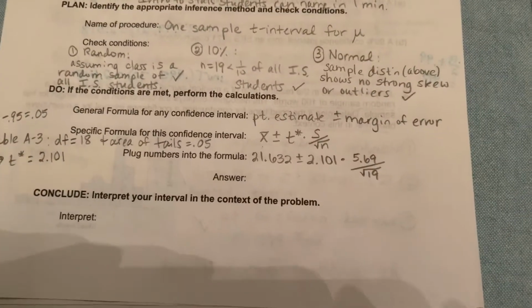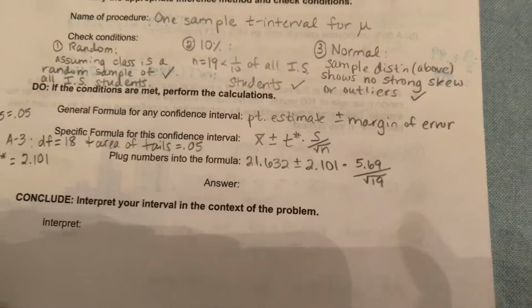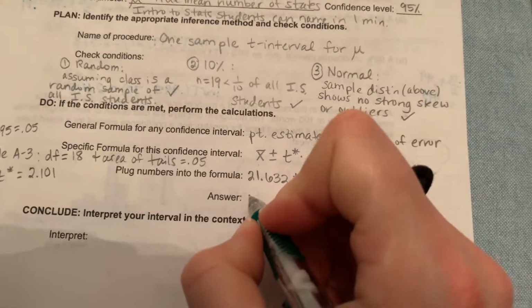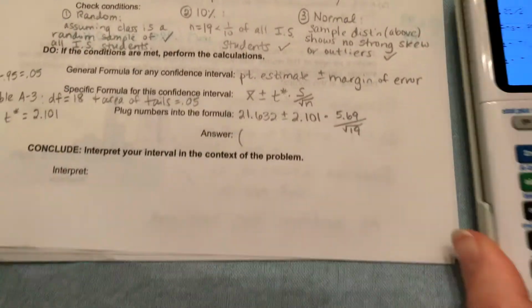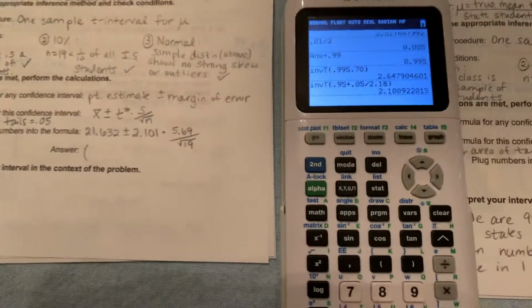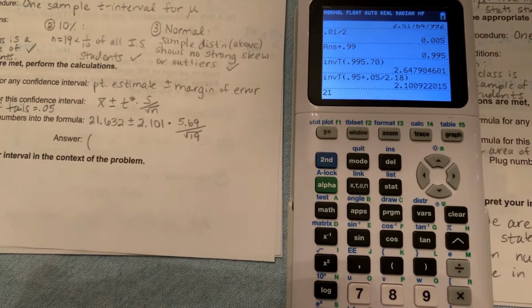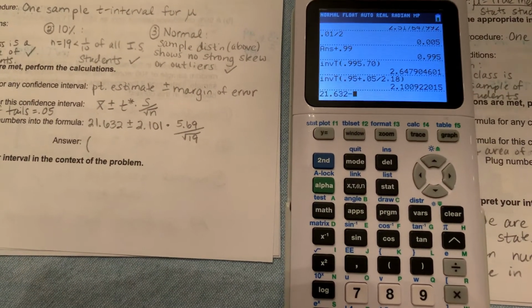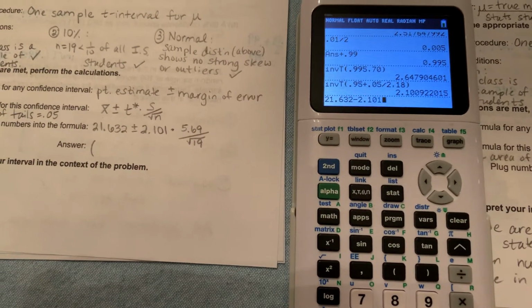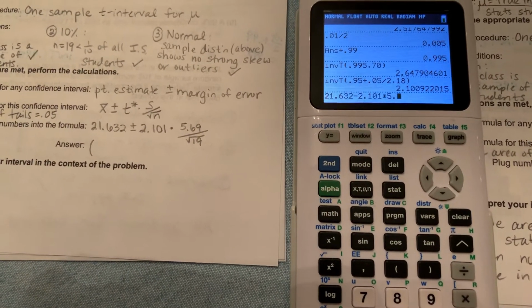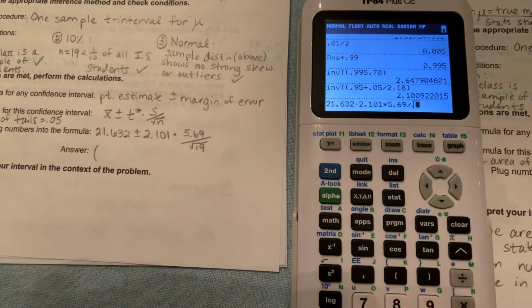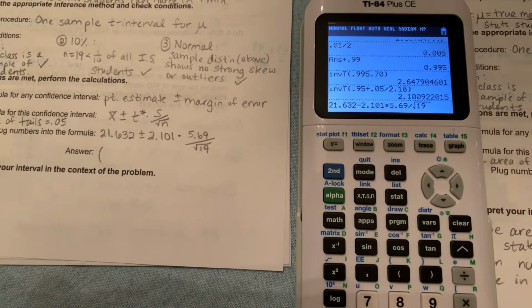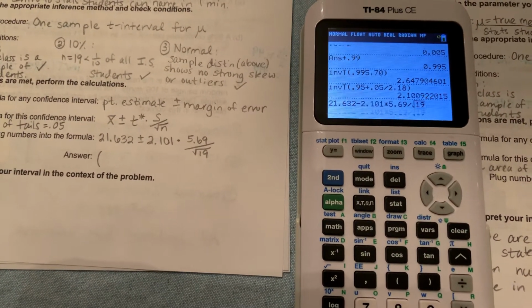Okay, so again, I can type all of that in at once. Of course, doing the subtraction first and then the addition second to get my confidence interval. So let's do that. We're going to type in 21.632 minus 2.101 times 5.69 divided by second square root of 19. Okay, I think I've got all that right.